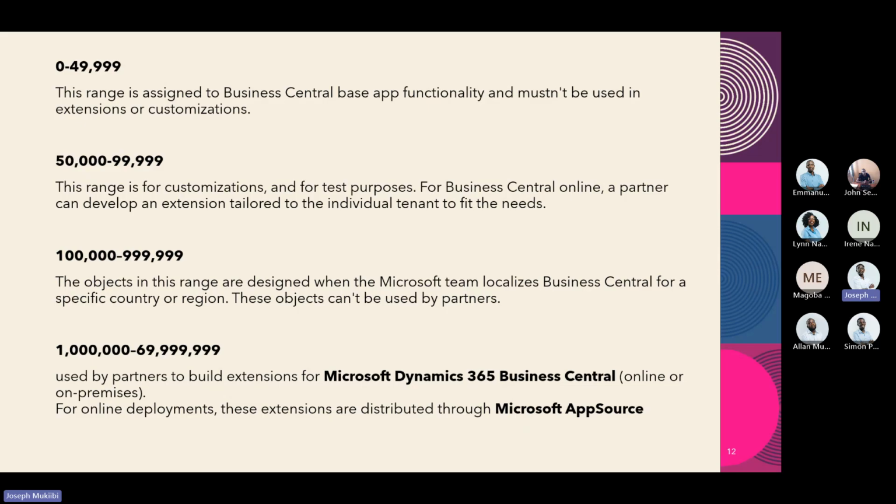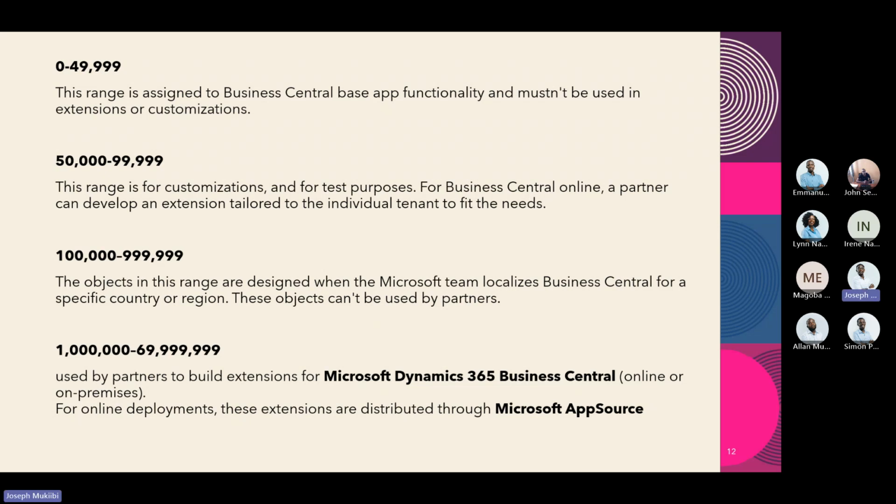So like I was saying, from 0, this range is assigned to Business Central base application functionality and must not be used in any extension or customization. So these are IDs that you cannot use. Then we have the 50,000 range.